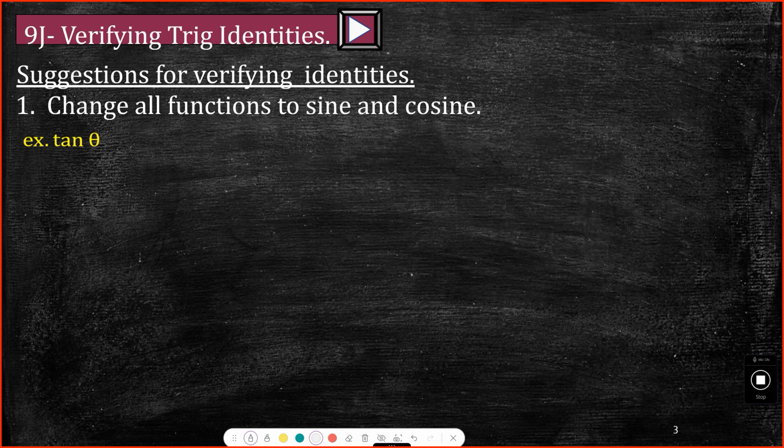Here's an example. If you have tangent theta, what is tangent theta equal to? Anybody? Yes, you got two of them, but let's follow what this is saying to do. What is it telling you to do? Change everything to sine and cosine. So what is the answer when it tells you to change it to sine and cosine?